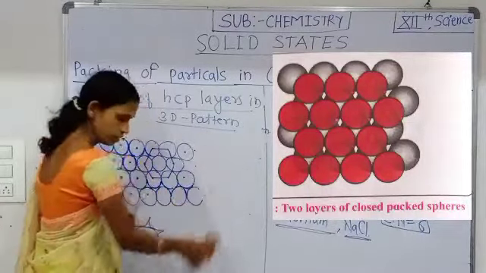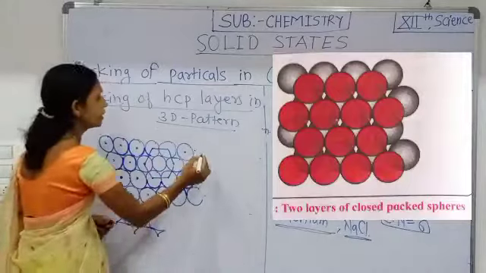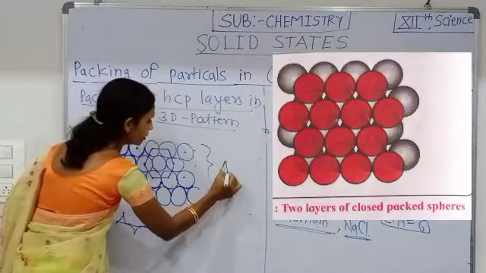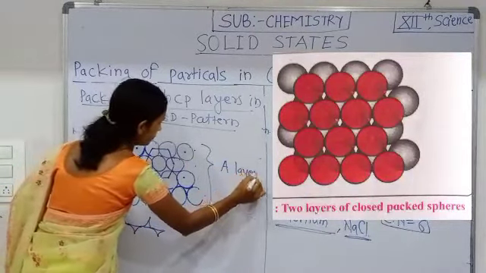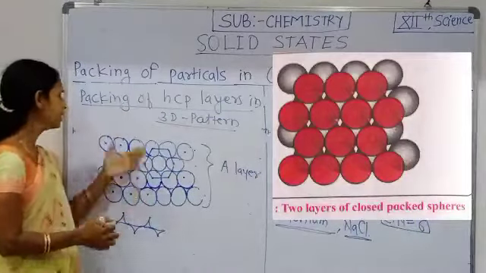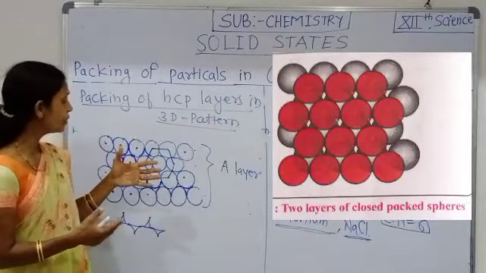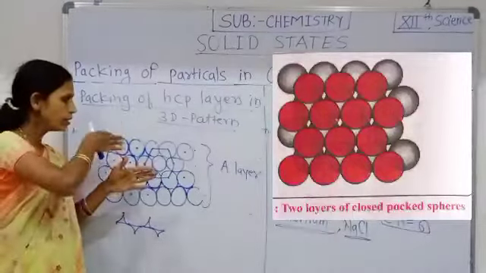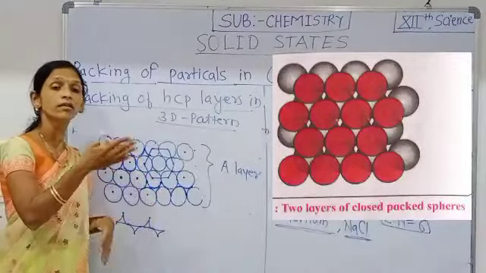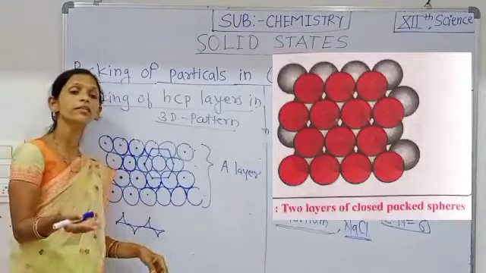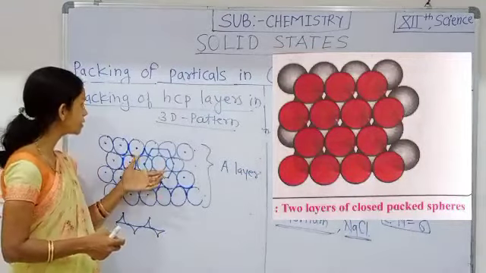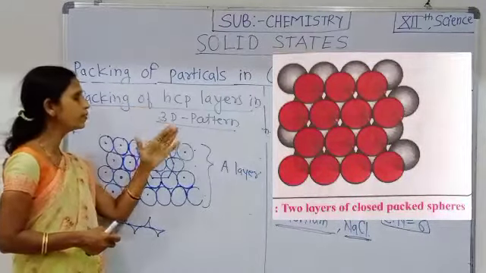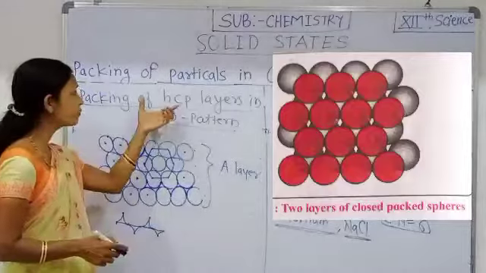That means you observe here that it is only one layer, that is A layer. Then see here, the arrangement of the spheres in the second layer, third layer as well as in the fourth layer takes place in 3D pattern arrangement of SCP layers.